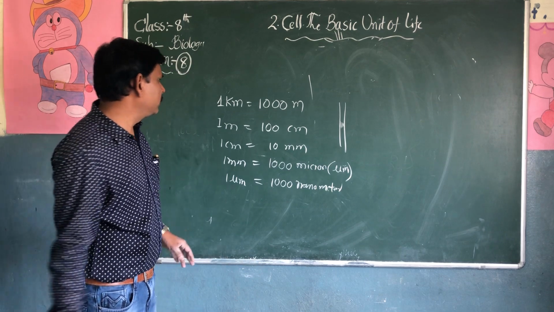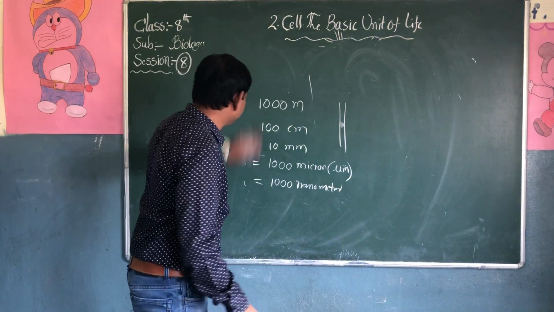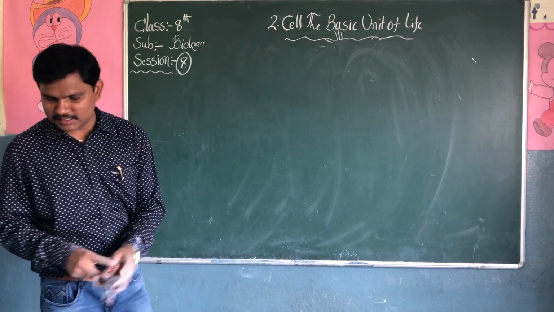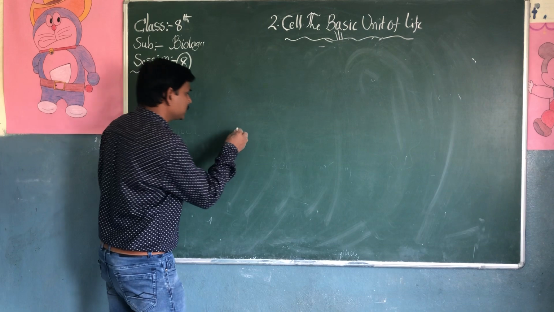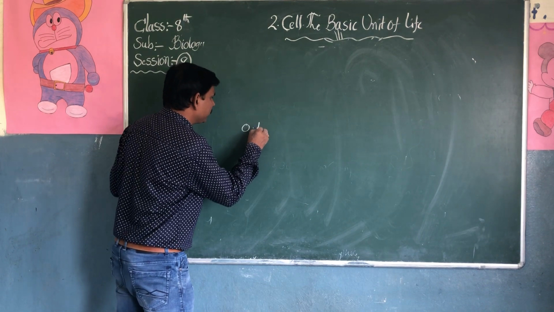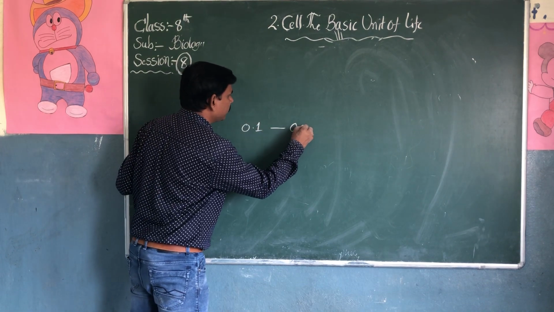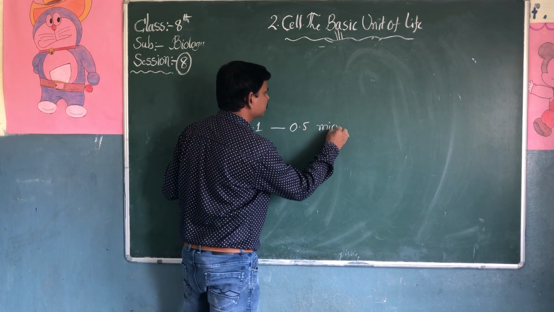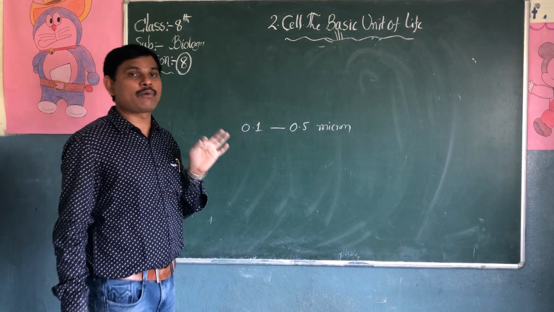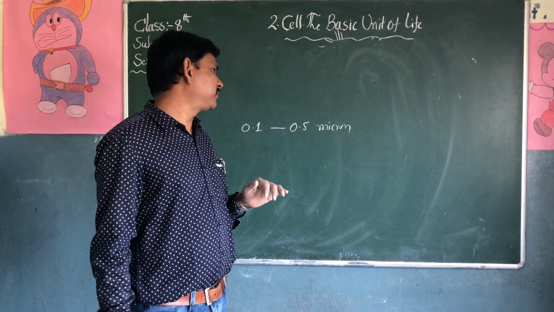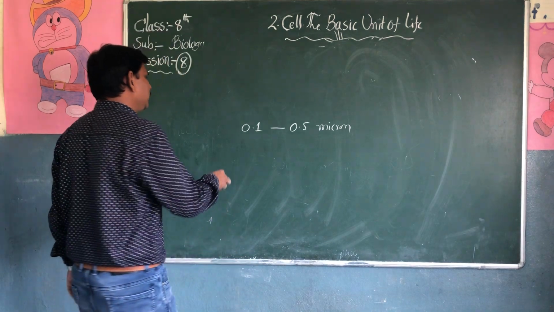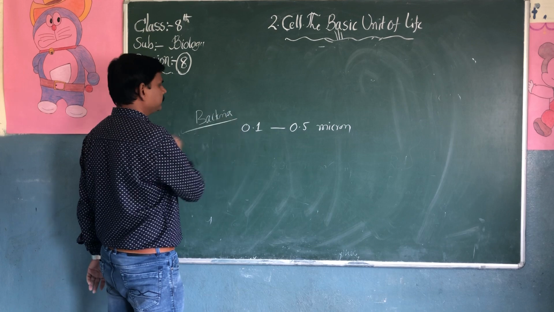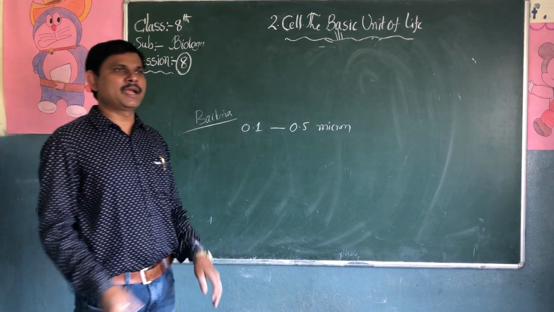So this is about meters and millimeters. And what is the smallest cell in the world? The smallest cell is 0.1 to 0.5 micron, that is seen in bacteria.